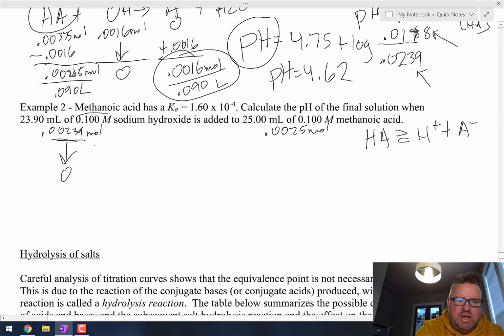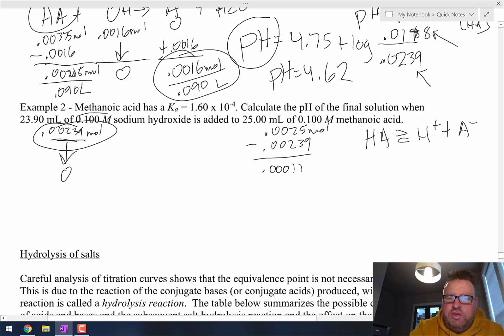So this one again is going to go to 0. This is going to go down by 0.00239. So 0.0025 minus 0.00239 equals a very, very small amount, 0.00011. That also means the conjugate base is going to go up by 0.00239.